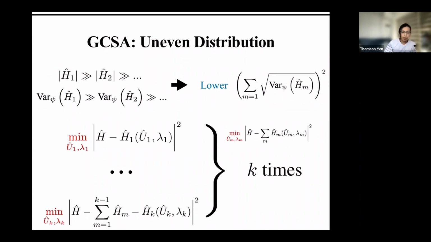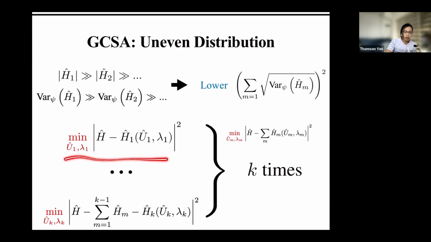Compared to the original CSA decomposition, where you optimize all of the fragments at once, you can actually do this step by step. So for the first term you want to measure, H1, you want most of the coefficients of the Hamiltonian to go to H1.